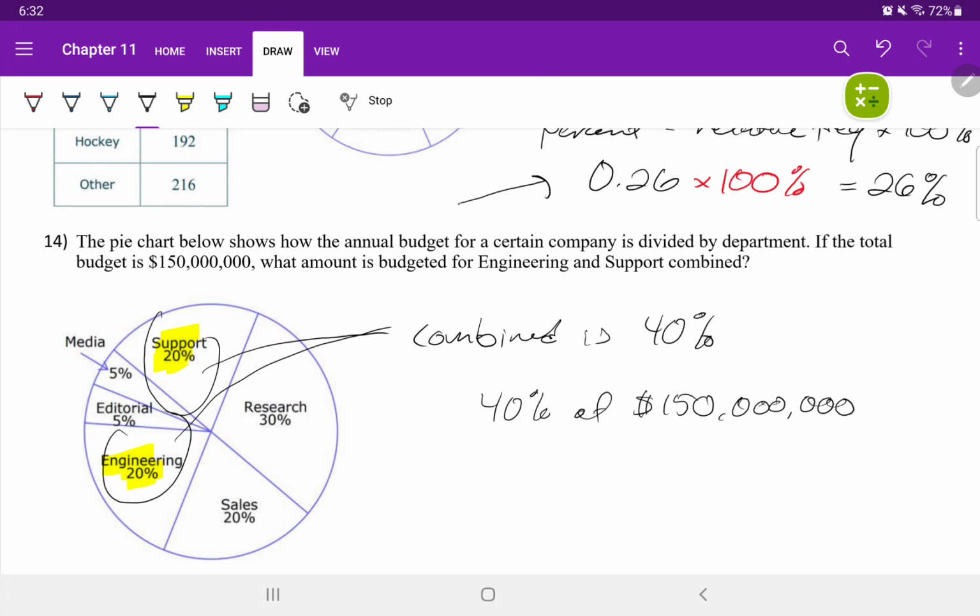To find 40% of $150 million, convert 40% into a decimal, so 0.4, and you're going to multiply that by 150 million. And when you multiply that, the answer will be 60 million.